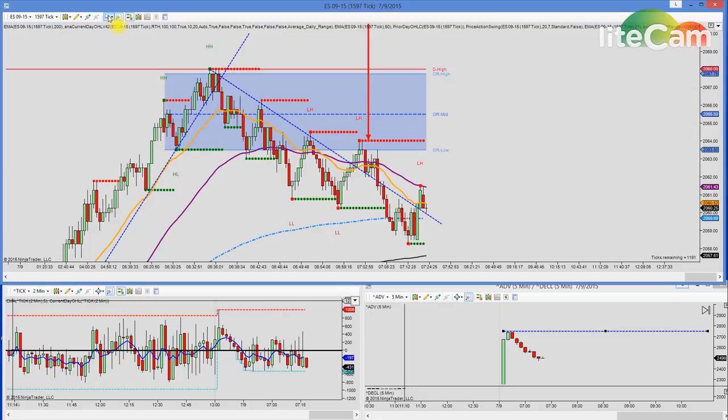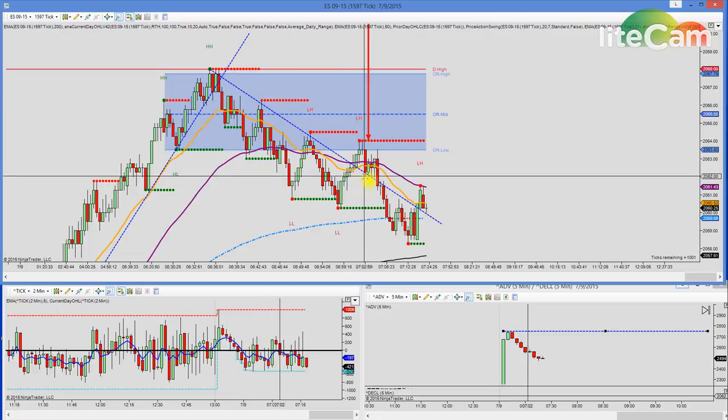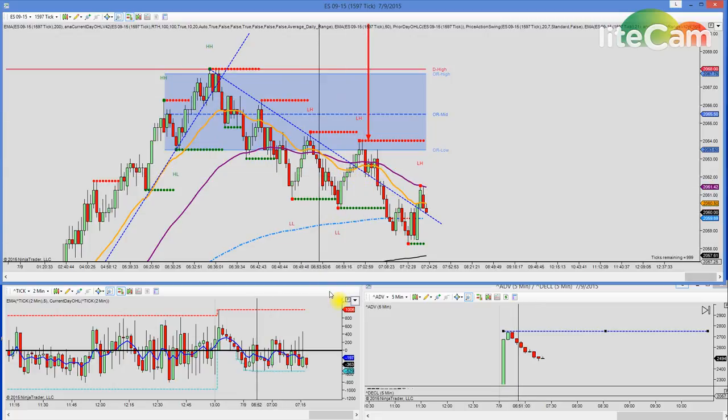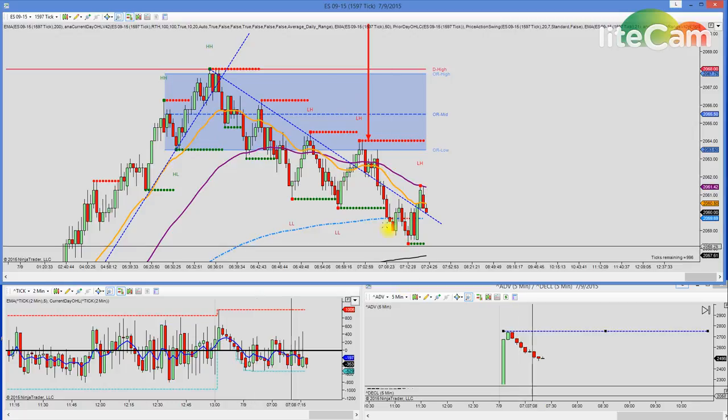Another reason why is the market internals. Here I have the tick, and here I have the advance-decliners.